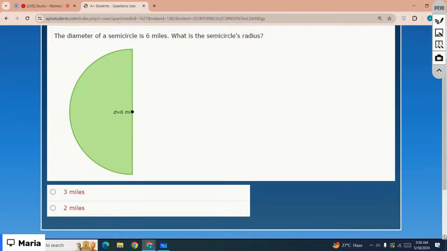Which is the correct option? The correct option is 3 miles.